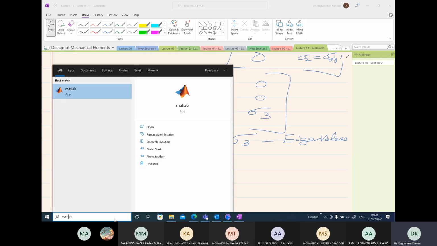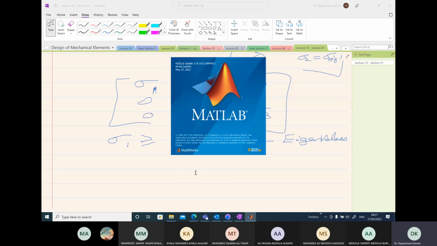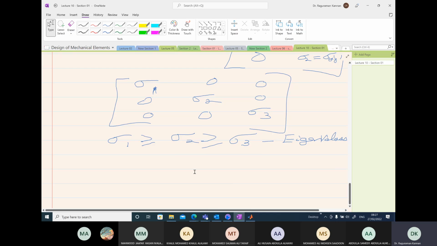So what do we do? In such cases, we have to use software like MATLAB and get eigenvalues. How about the principal stress directions? Principal stress directions are obtained from eigenvectors.